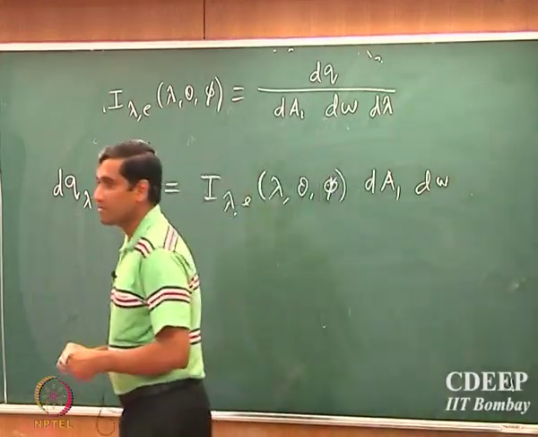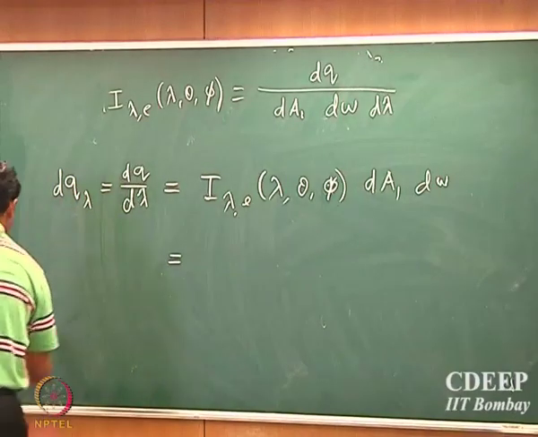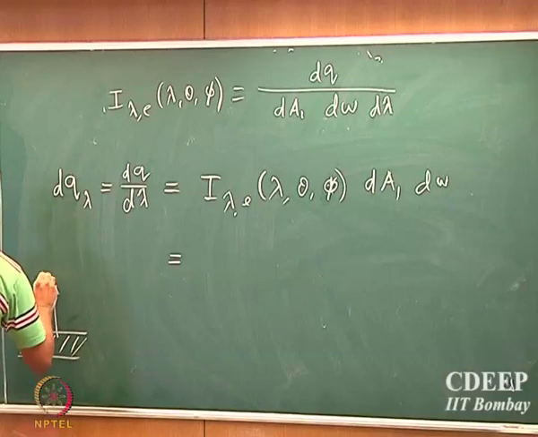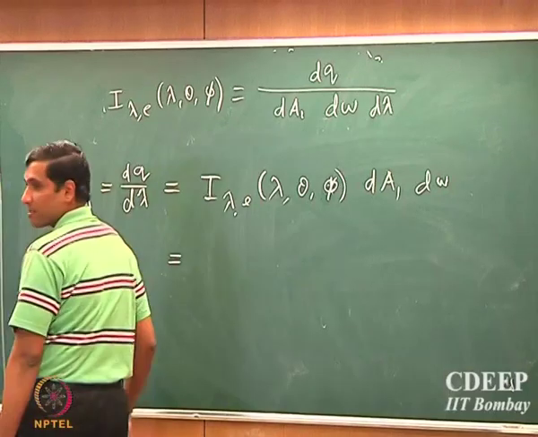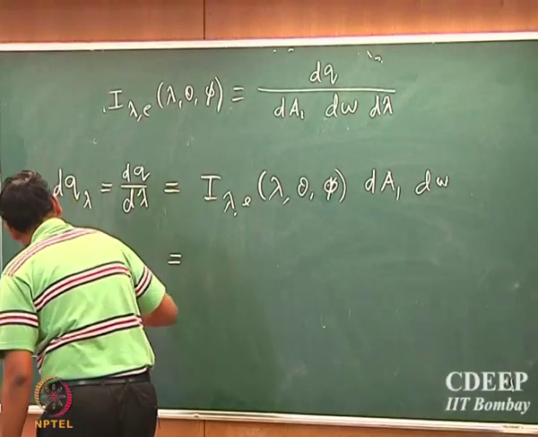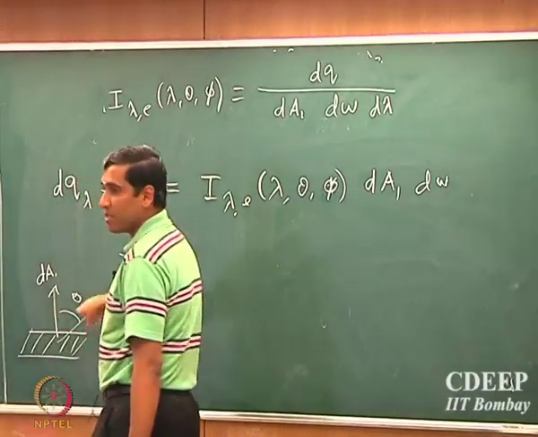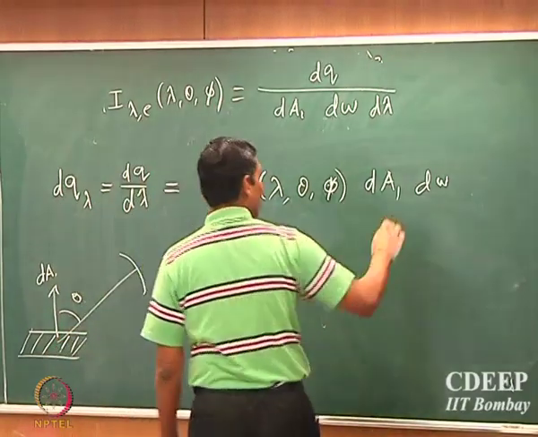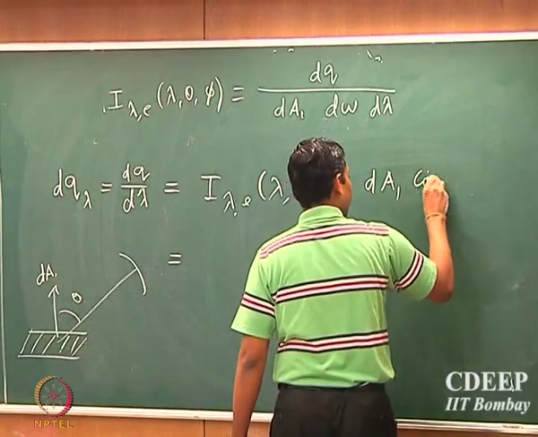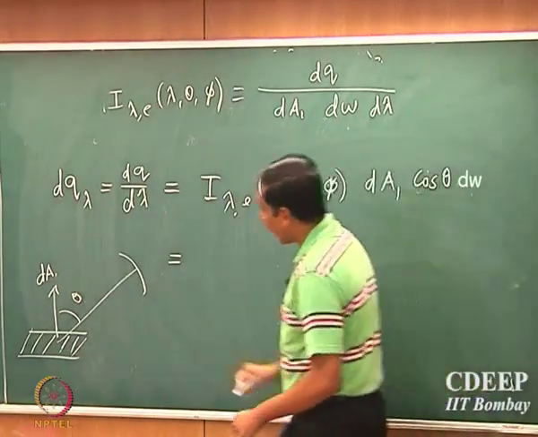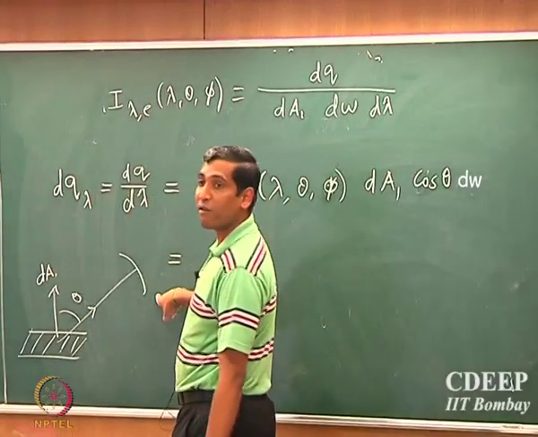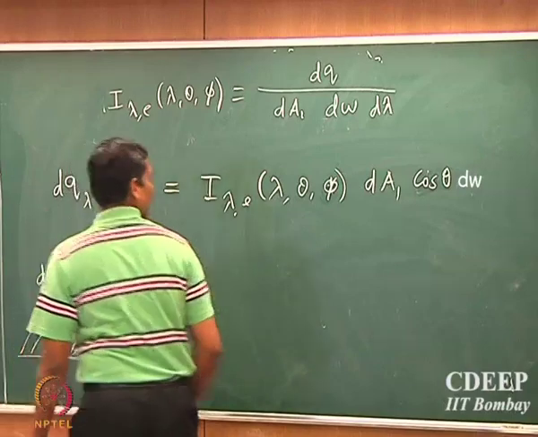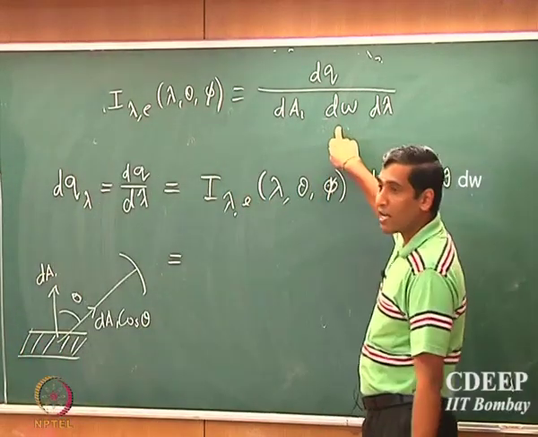Keep in mind, maybe I'll draw the picture again. This is the area vector of that object, and if this angle is theta, then the area that is actually in the direction of the receiving object is dA1 cos theta. That is the area vector pointing in the direction of the receiver. And what is the solid angle?